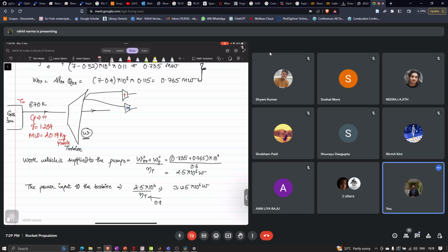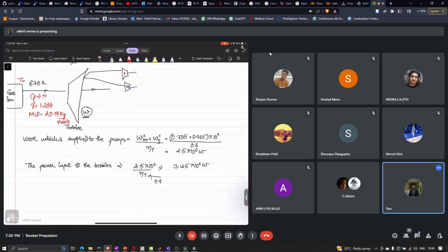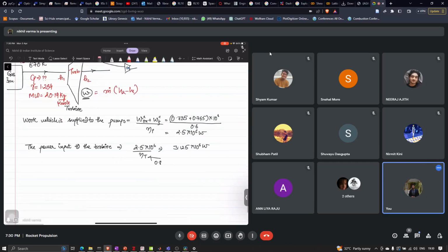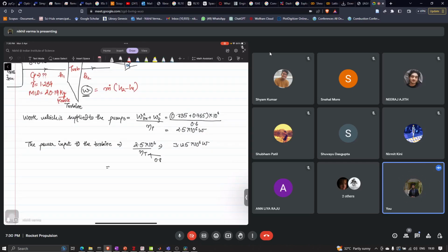So right. The work done will be equal to m dot times the enthalpy difference, H2 minus H1, right? This is what we have to supply to the turbine. So m dot, we have to calculate the work done. So H2 minus H1 can be written as Cp times T2 minus T1.